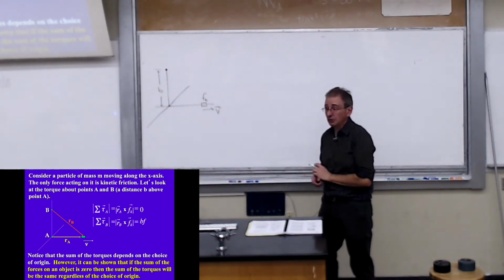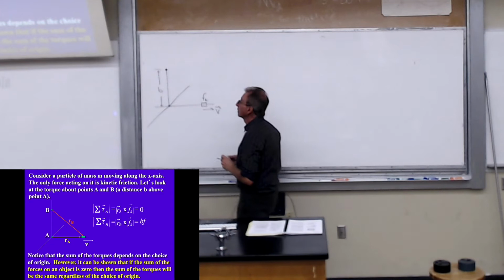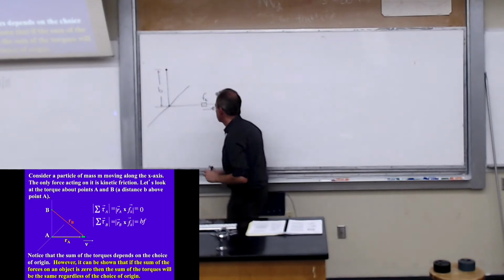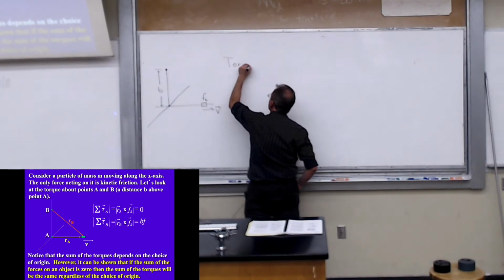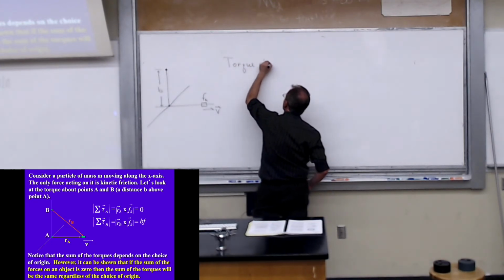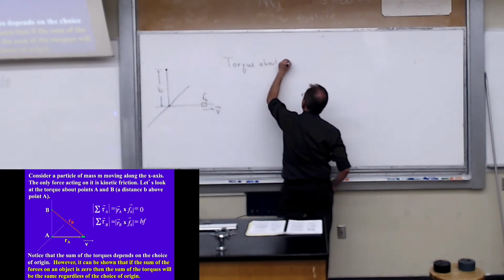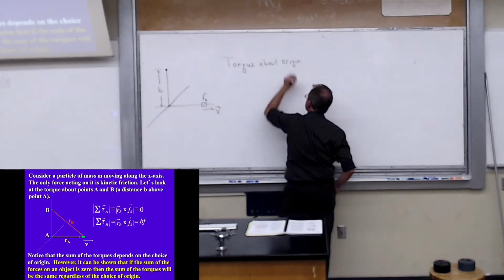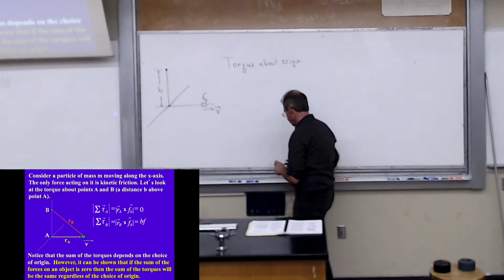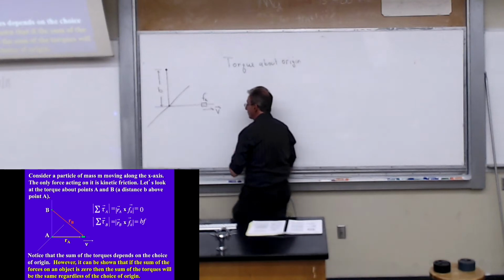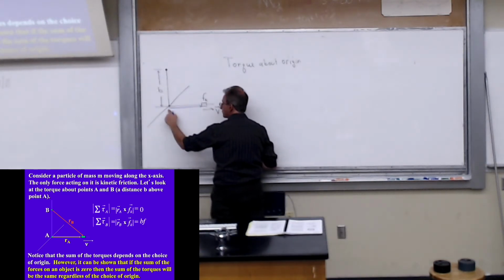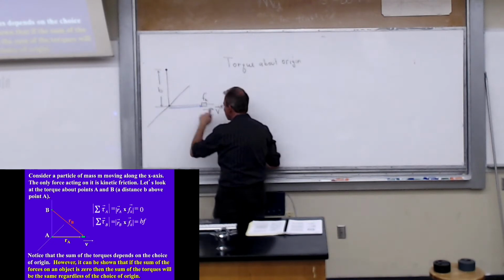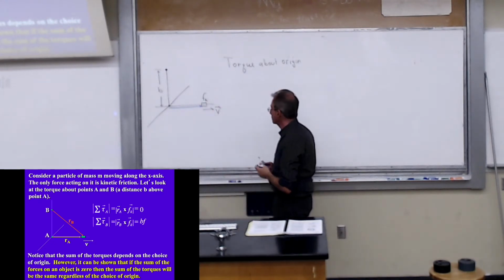And in the first case, I want to calculate the torque about the origin. Okay? So let me draw my r vector. It goes from my reference point to the point of application of the force.